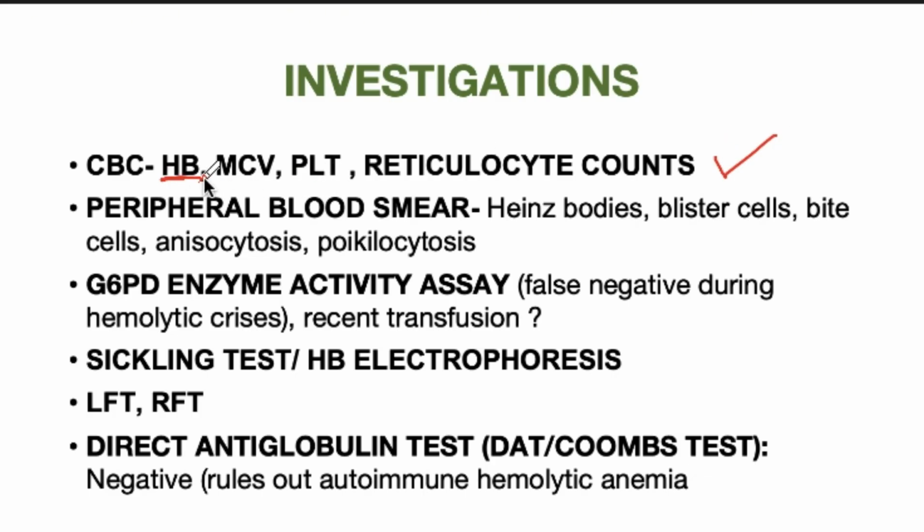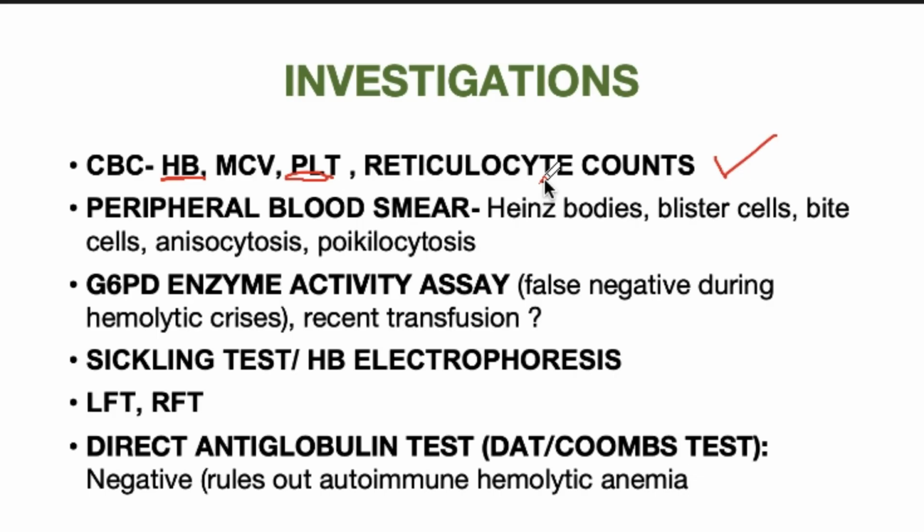You also like to look at the platelet level because G6PD deficient individuals may come with bloody urination, which is hematuria. You would like to look at their platelet level so as to rule out any clotting disorder. Usually, their platelet level will be normal or within range.